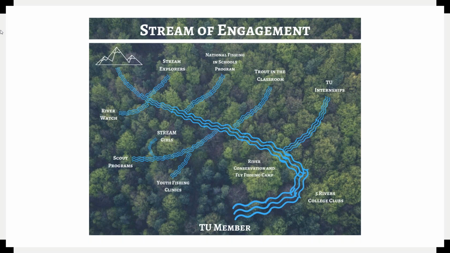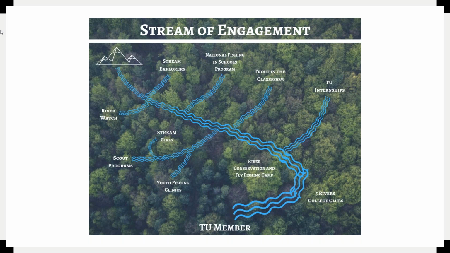The camp focuses about 50-50 on watershed science education and fly fishing instruction. We also have scholarship opportunities available through our chapters. I'd be happy to provide more information on the programs we offer offline. You can always contact me via email or check out our website. I will provide my contact information towards the end.